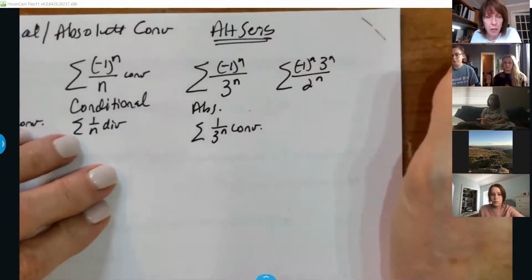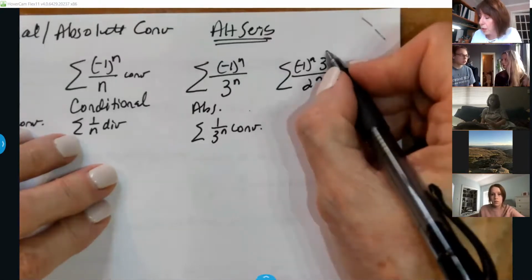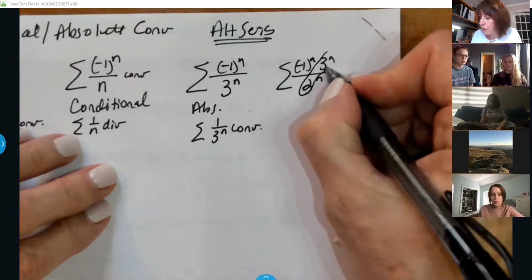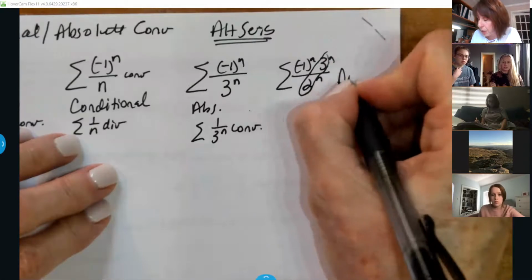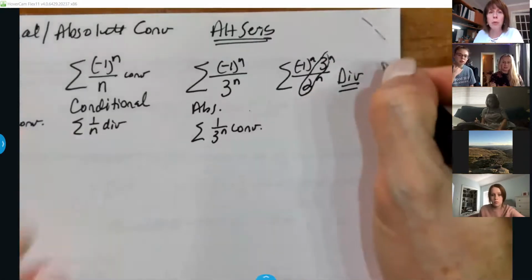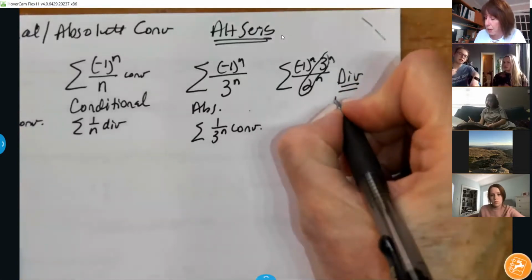This one, since we have that 3/2 to the n, is just plain old diverging. It would not pass the nth term test. So this would be diverging by nth term test.